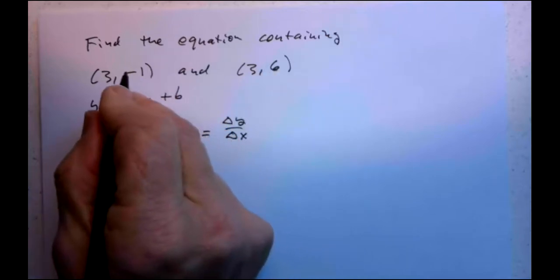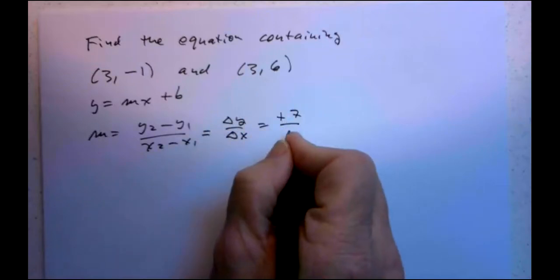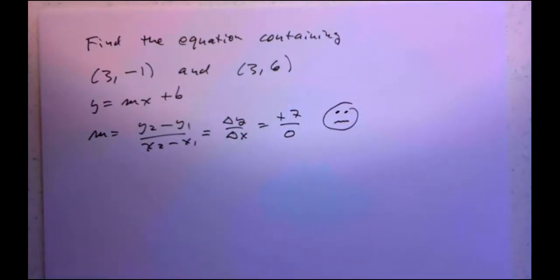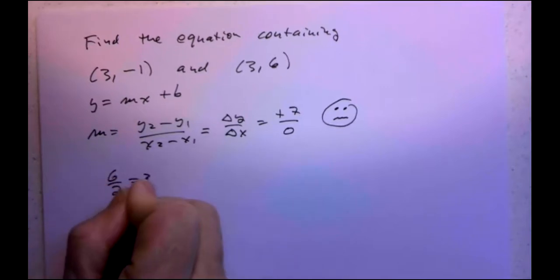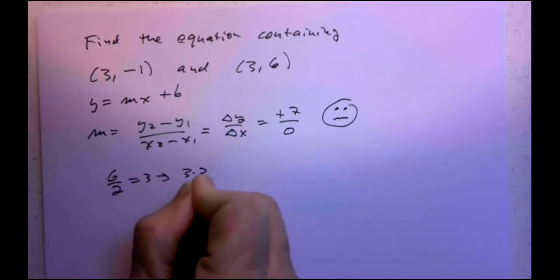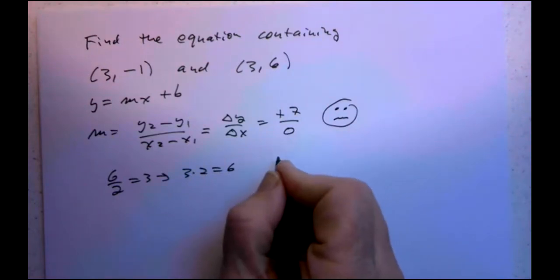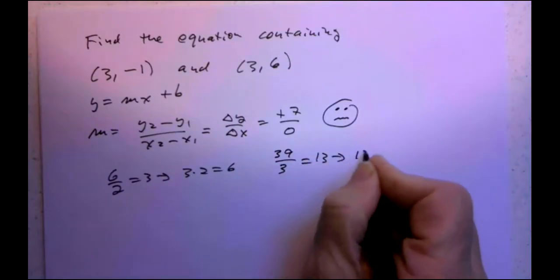6 minus -1, or from -1 to 6 goes up 7. But from 3 to 3 is 0. And that makes us wonder, what happens when we have 0 downstairs? Well, remember, we said 6 divided by 2 is 3 because 3 times 2 is 6. We could say 39 divided by 3 is 13 because 13 times 3 is 39.